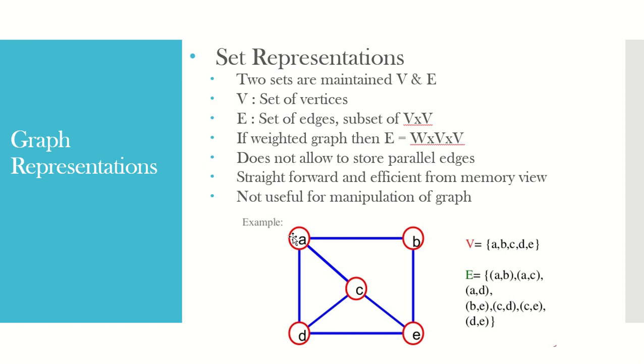But that cannot be done in the case of a directed graph, because the ordered pairs AB and BA are entirely different in a directed graph. So this is how you represent the set.